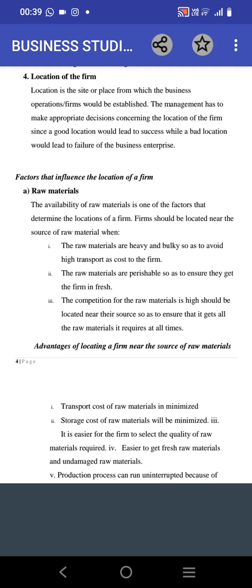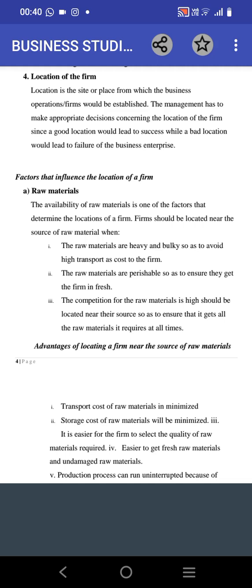If you locate your business in a suitable area, it will lead to success. If you locate your business in a bad location where there is theft, where there is no good transport and communication, it will lead to failure.